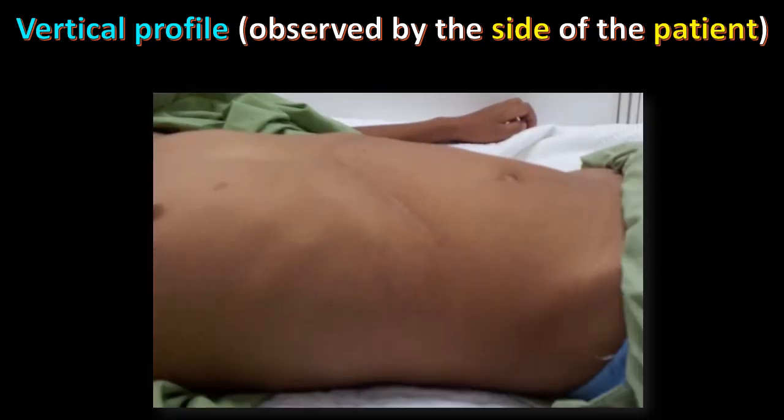Abdominal profile. The vertical profile is observed by the side of the patient. We are standing or sitting at the side of the patient.